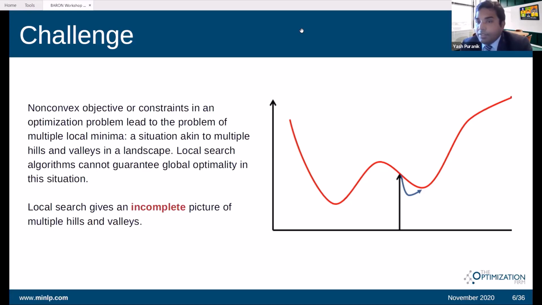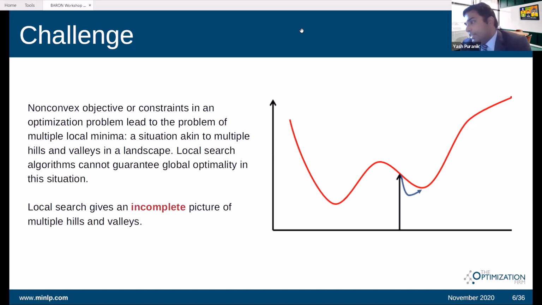The challenge comes in when we have non-convexities or combinatorics in our model, where it's quite possible that we might have multiple such valleys in our landscape. And if any of us have gone hiking or looked around us, we know that that's what the real world is like. In that scenario, where the ball comes to rest is a strong function of where you began your search.